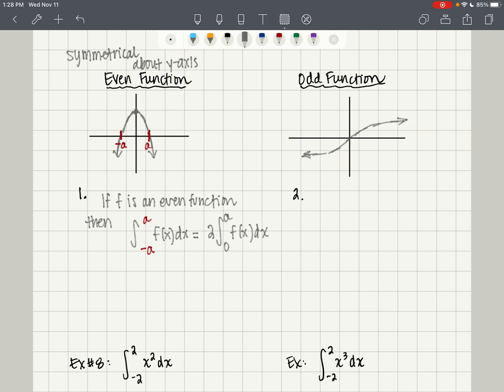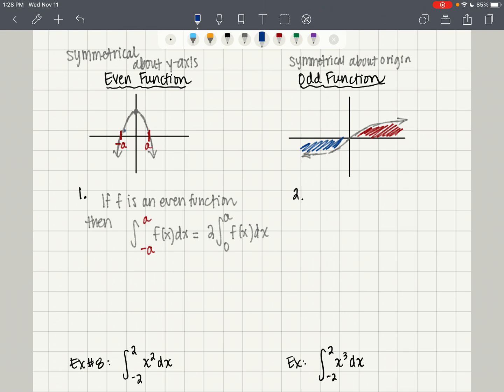Now, when you have an odd function, you have symmetry about the origin. So you have your graph being symmetrical about the origin. And when that happens, you've got the same exact amount sitting above the x-axis as you do below the x-axis.